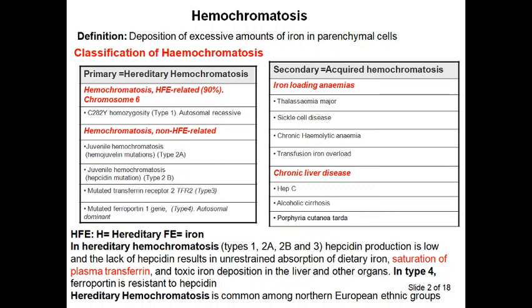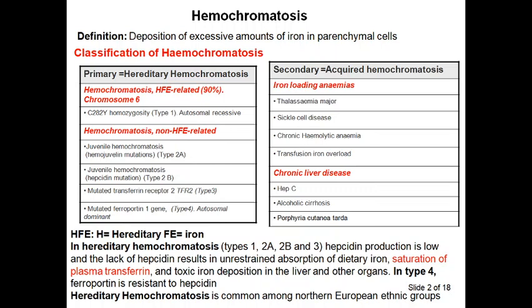In type 2B, there is a mutation in the hepcidin gene itself, and in type 3, there is mutation in transferrin receptor type 2. All these types of mutations will result in decreased amount of hepcidin, as these proteins are inducers for hepcidin.